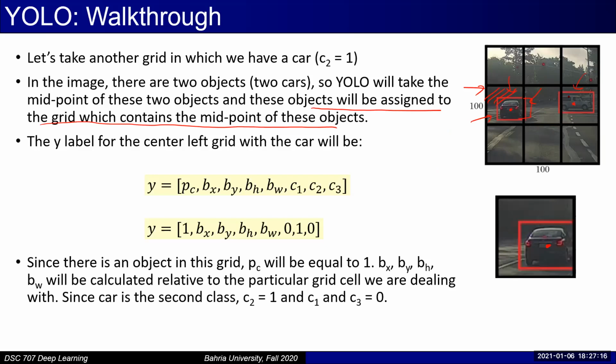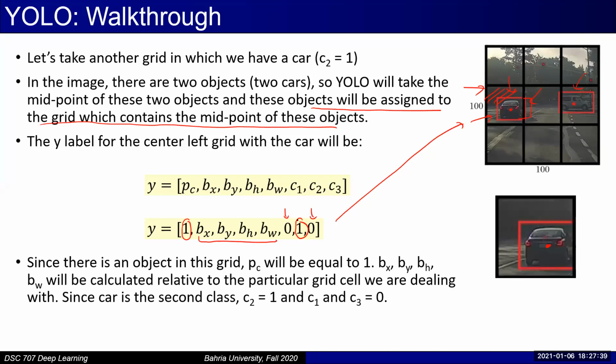So now if we label maybe this cell, how would it be labeled? It contains an object. So the first value is 1, yes, it contains an object. Then you will have the bounding box coordinates of the car, that is, where the car is lying. And since it is not a person, it is 0. It is not a bike, it is 0. It is a car, that's why it is 1, right?